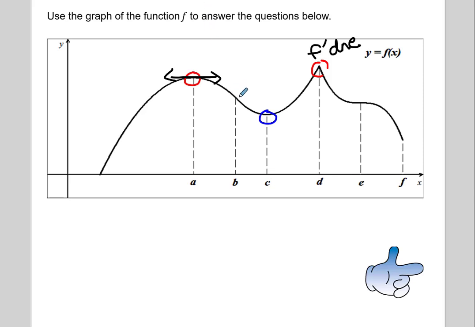At point B, the tangent line looks like it's a negative slope. And the other one was at point D, where the derivative does not exist. And then at point E, it looks like the derivative is a zero slope there.